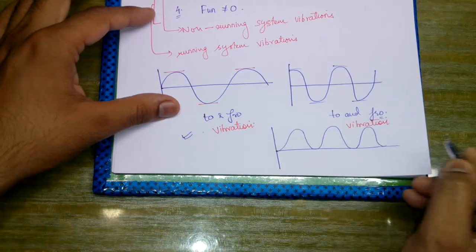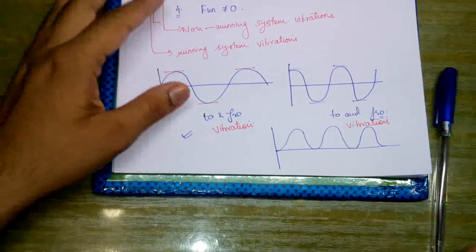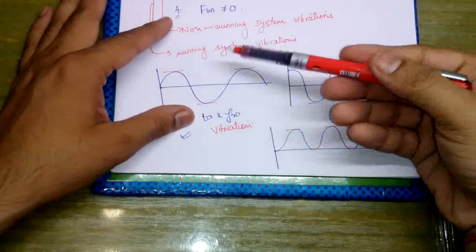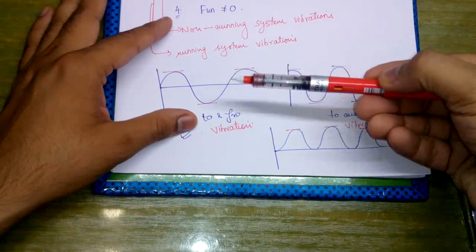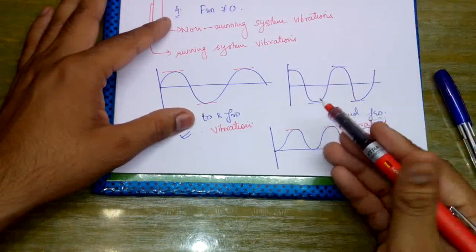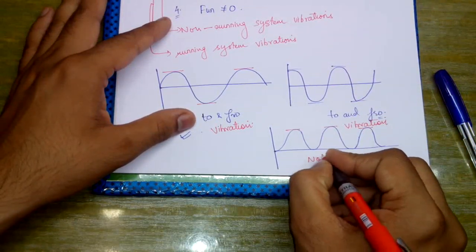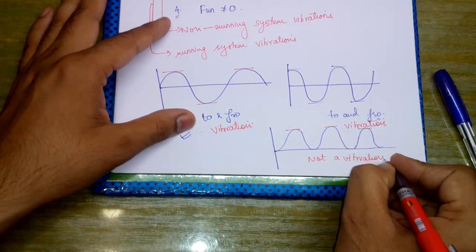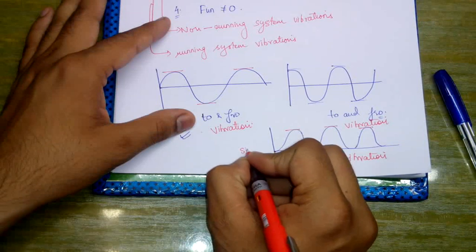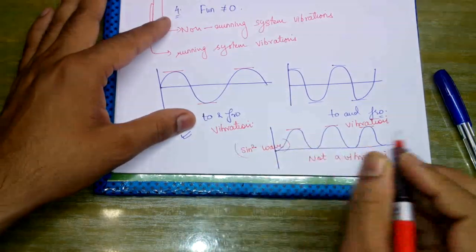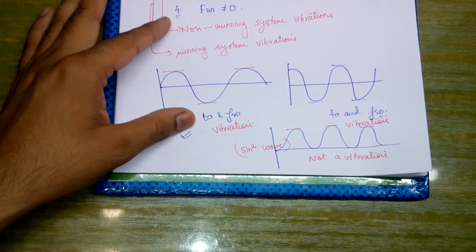Okay, sine square wave graph is like this, and since it is not undergoing a to and fro motion, meaning it should be both above the axis and below the axis, here all of the motion is only above the axis, hence it is not a vibration, and this graph was actually drawn for the sine square wave.